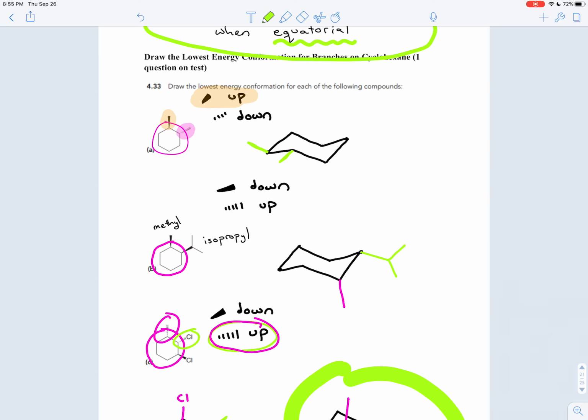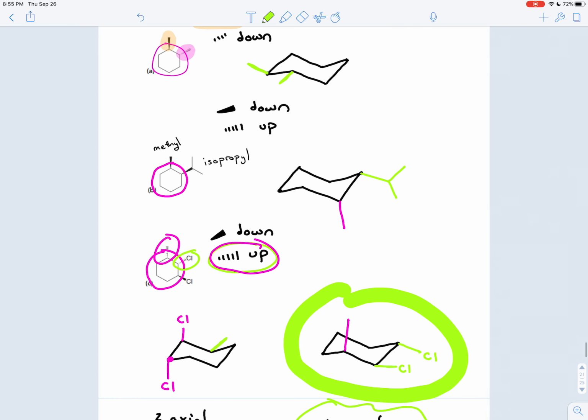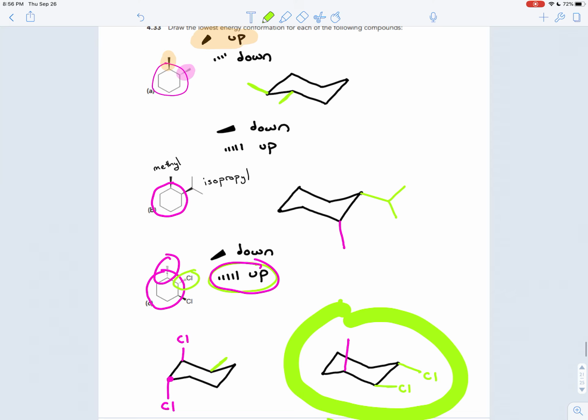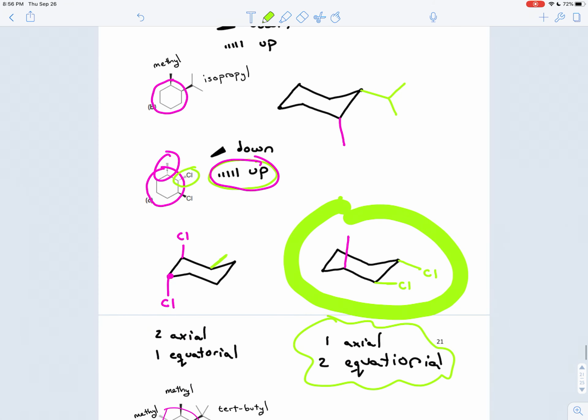If you do, one that stands out, it's extra bulky, make that equatorial. And if you don't, like we had here, then just try to get the largest number of branches to be equatorial. And the conformation, the drawing that has the bulkiest branch equatorial, or the largest number of branches equatorial, that's the most stable conformation of that molecule.